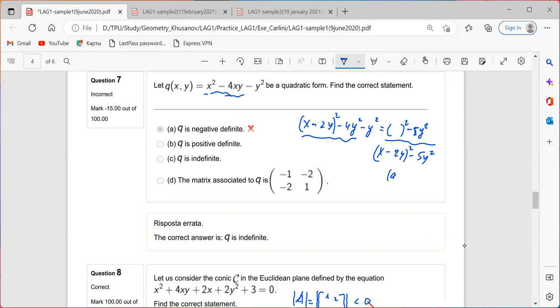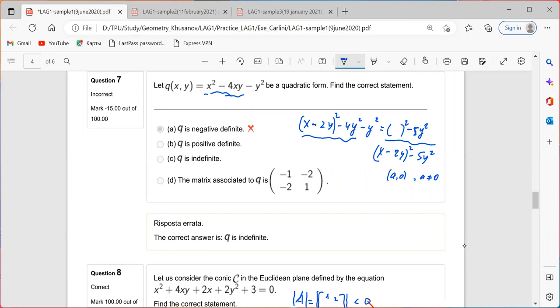If you put here instead of x a and instead of y 0, you will obtain a positive value if a is non-zero. So in that case it will be just positive.